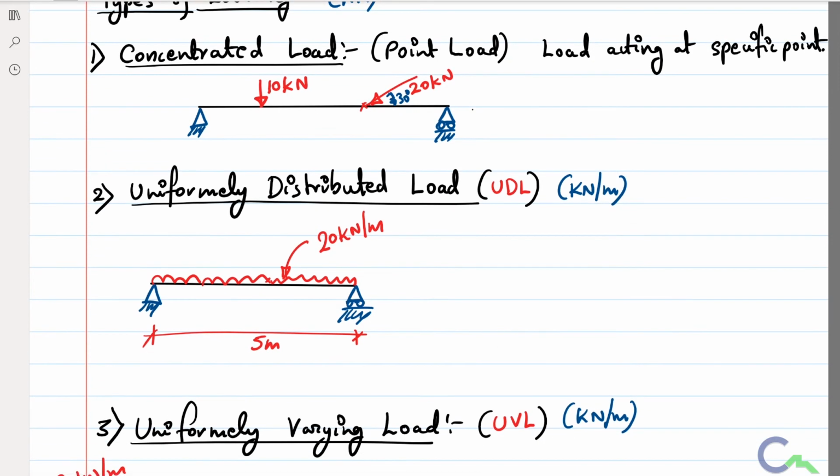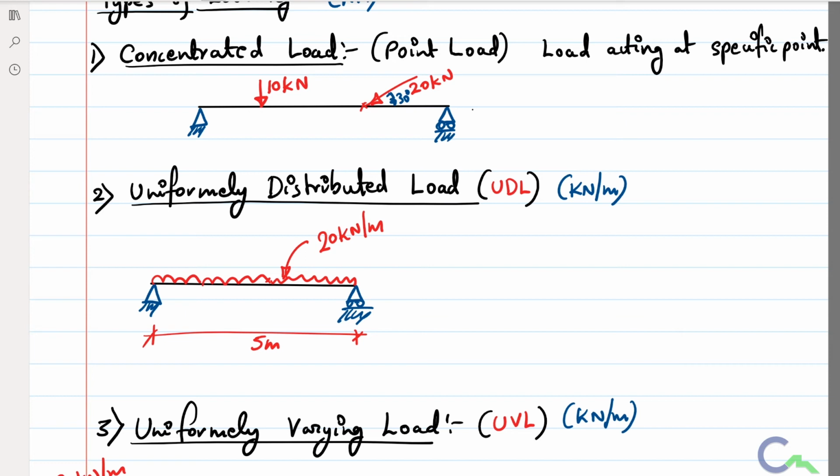The next load is the uniformly distributed load, also called UDL. If I say in this drawing that it is 20 kilonewton per meter, then for each 1 meter, 20 kilonewton is going to act. If I want to analyze this beam, first I have to convert it.